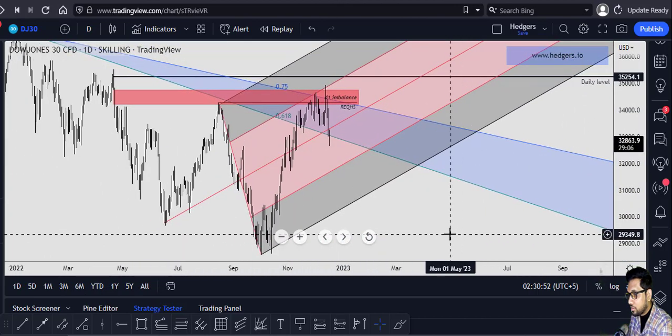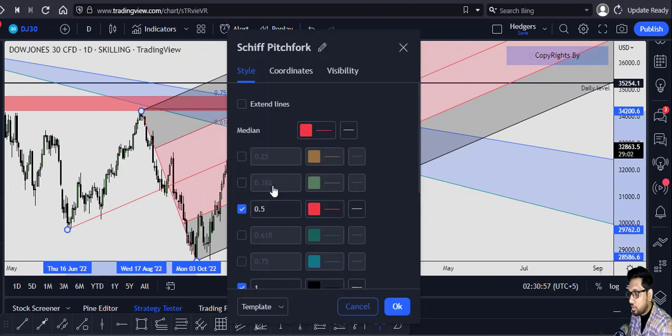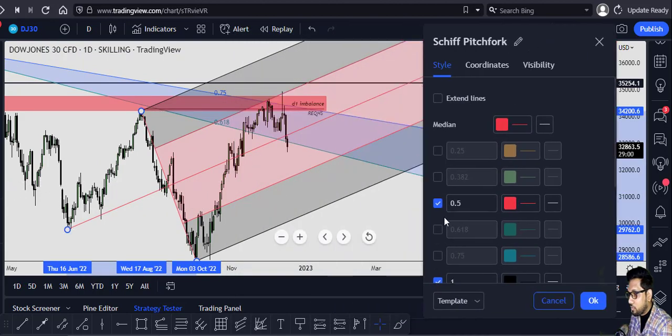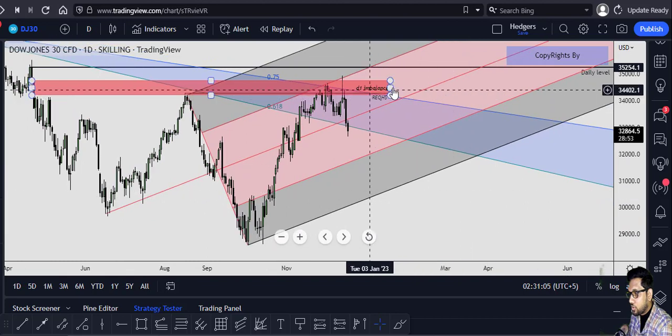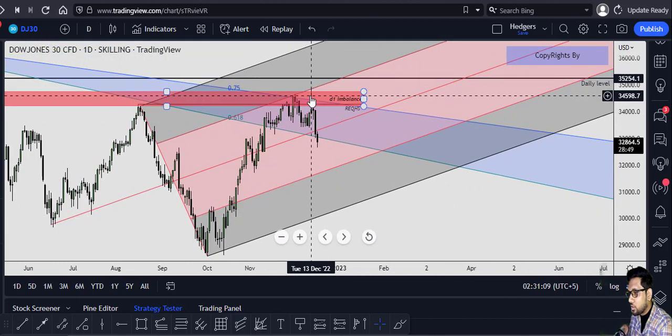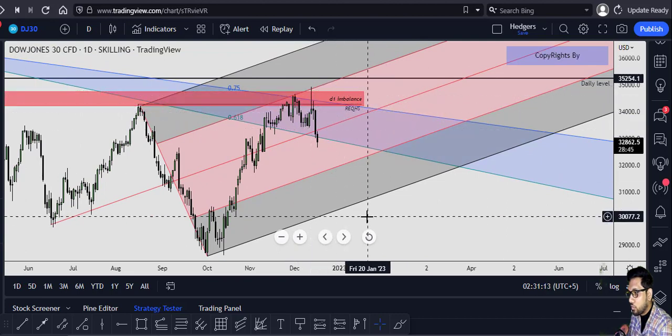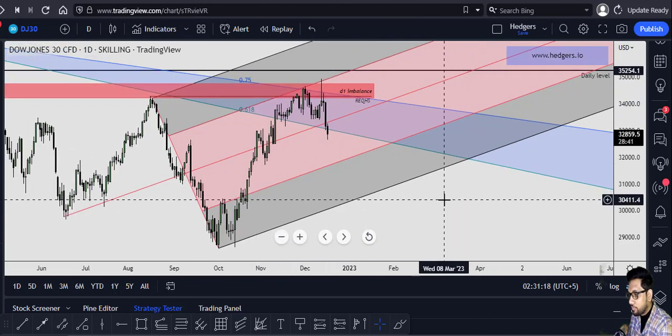Also, you can see the pitchfork that I just drew, the 0.5. It's been rejected exactly to the dollar. It front ran the daily level, but that's okay because we have 4 confluences for this short trade setup.